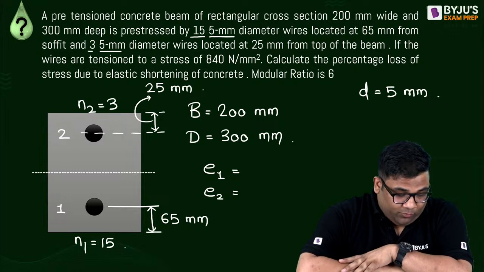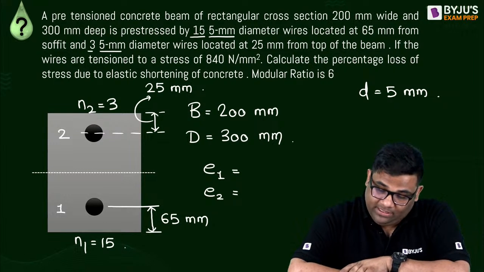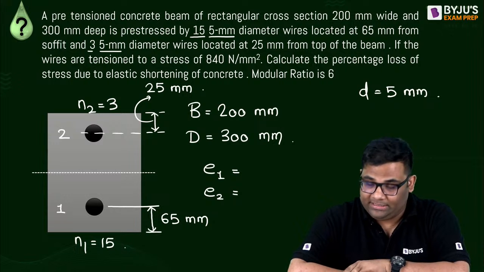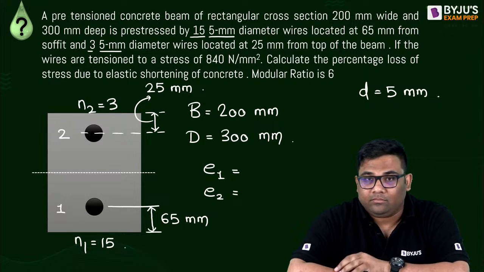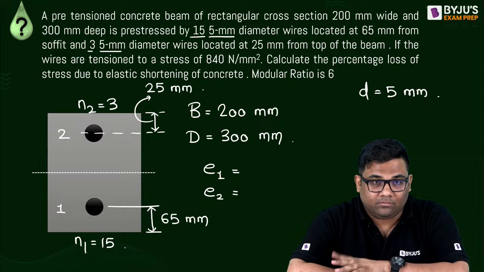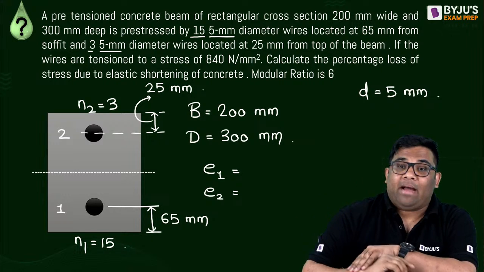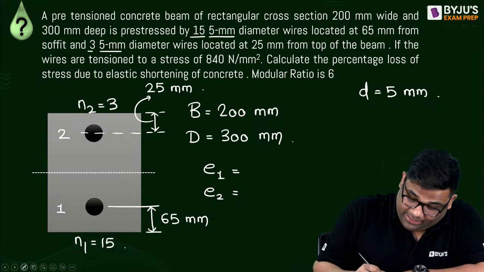Please tell me. E1 is 85, okay, and what is E2? E2 is minus 125.